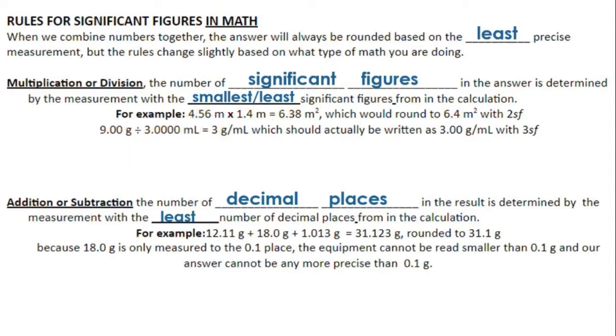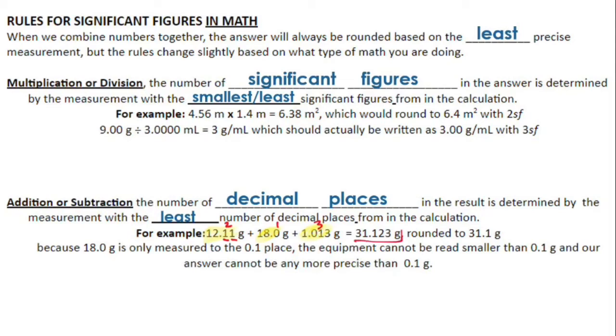That addition and subtraction example that we've got at the bottom of the page is almost completely back to kind of normal rounding. You just don't have to be told where to round. We're adding together this 12.11 that has 2 decimal places in it, plus this 18.0 which just has one decimal place, and then 1.013, which has 3 decimal places.